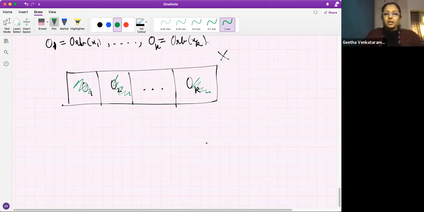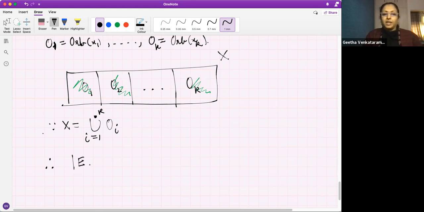Therefore, since X is the disjoint union of Oi, i equal to 1 to k, I get that order of E is nothing but the summation i going from 1 to k, again, once I fix the i, then I take x belonging to Oi, order of G_x.